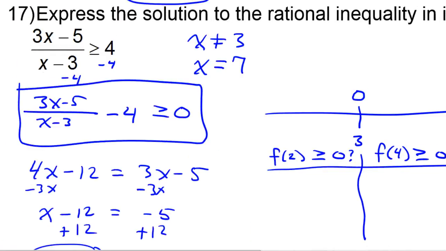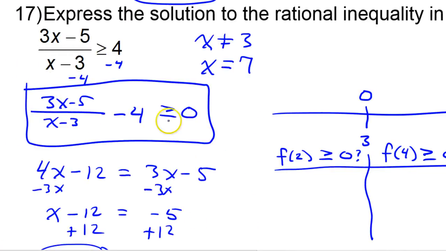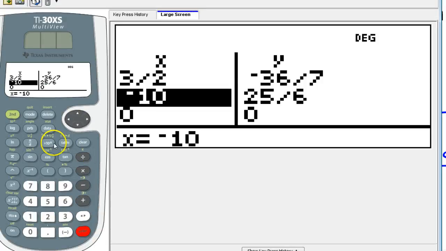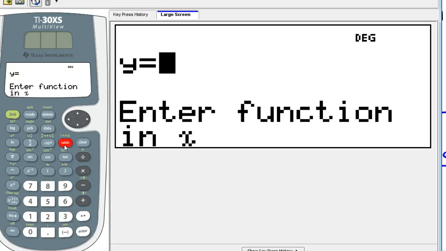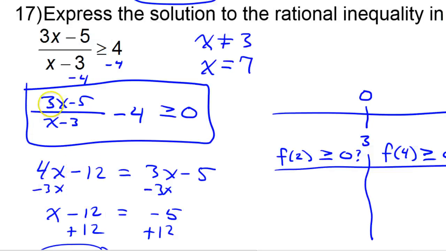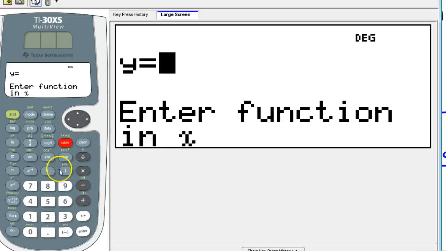Now, if I'm feeling lazy or if I don't have a lot of time, I can use my TI-30XS MultiView. So again, let's turn on our calculator. I think I'll just reset this because I want a nice clear screen. So I'm going to type this in. Now remember, I moved the 4 over, so I'm going to type in this entire thing, including the minus 4.